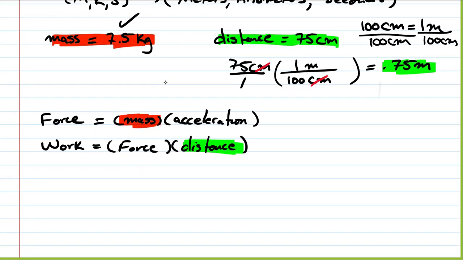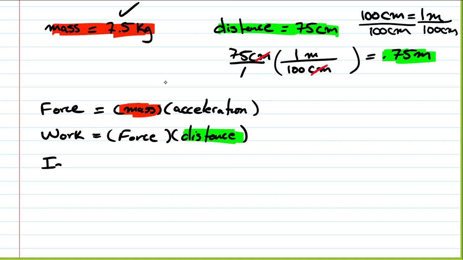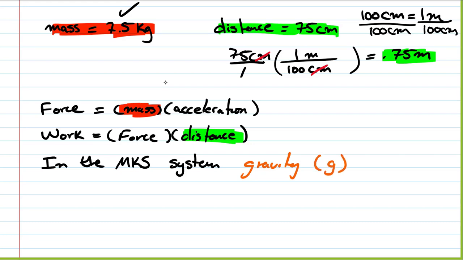So in the MKS system, for gravity we use the symbol lowercase g.